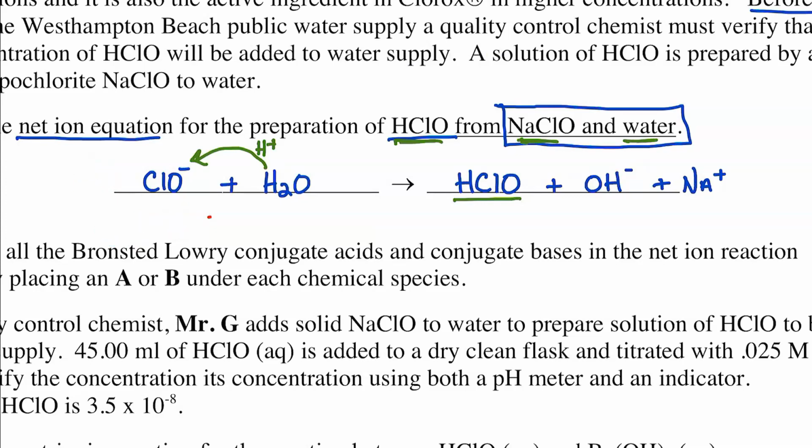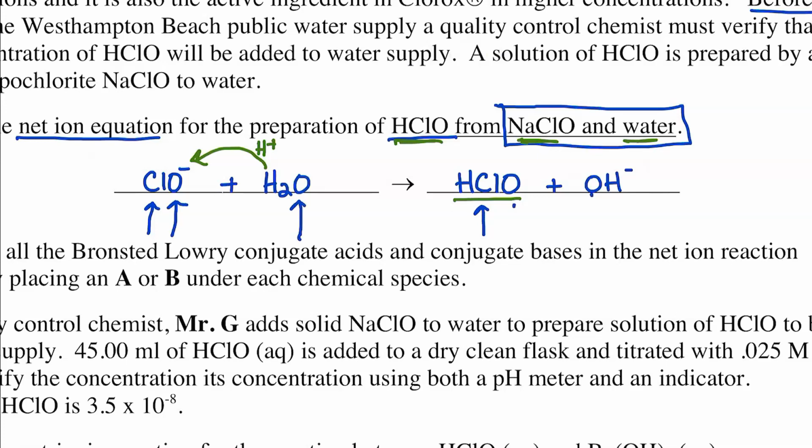And some people say, they didn't say the hydroxide. How do I know I have to write the hydroxide? Well, when you're writing a net ion reaction, party people, you still have to balance the reaction. So if you notice, we have one chlorine here and one chlorine here, and we have 3 oxygens, one oxygen here on the hypochlorite ion, another oxygen here, so I'm sorry, 2, and I have 2 oxygens over here.